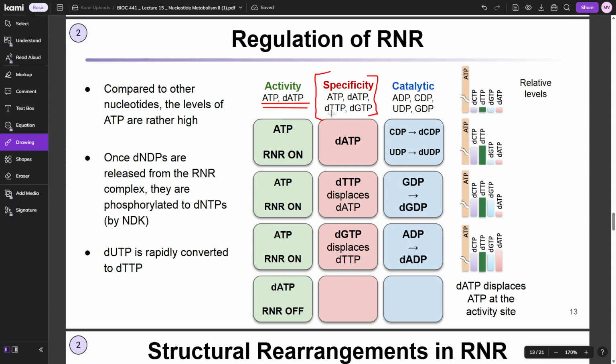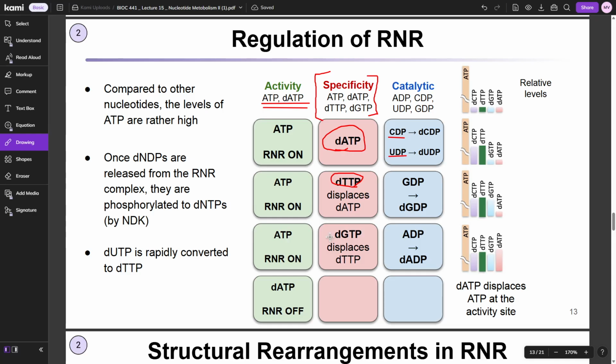Specificity is the site that decides what the catalytic site ends up binding to. So if I bind dATP, for example, I will bind CDP and UDP in my binding site. If I bind dTTP, and this is made, by the way, from the later pathways, then I'll bind GDP and make dGDP.